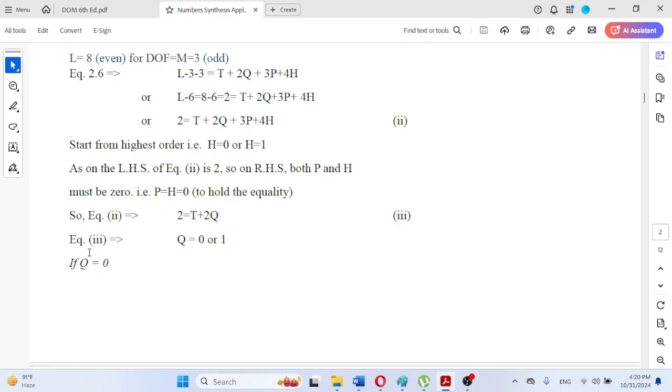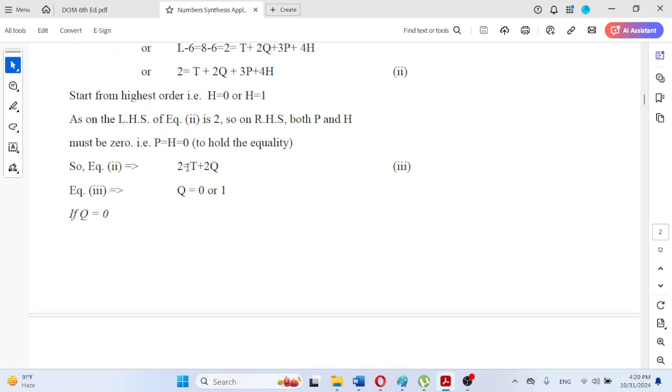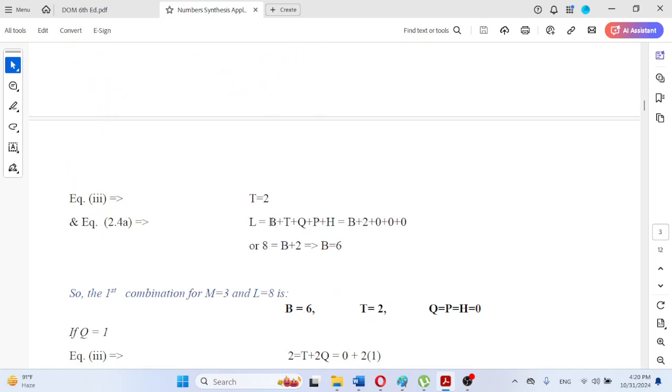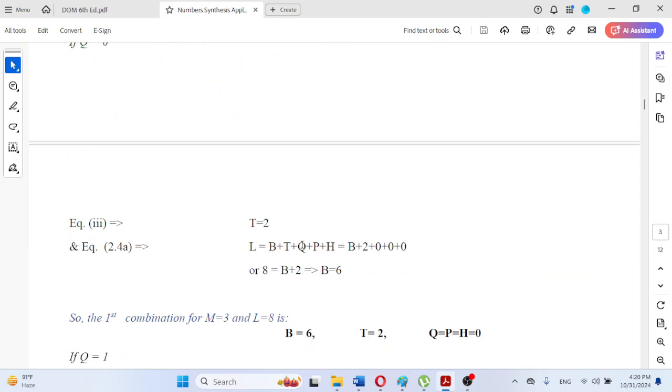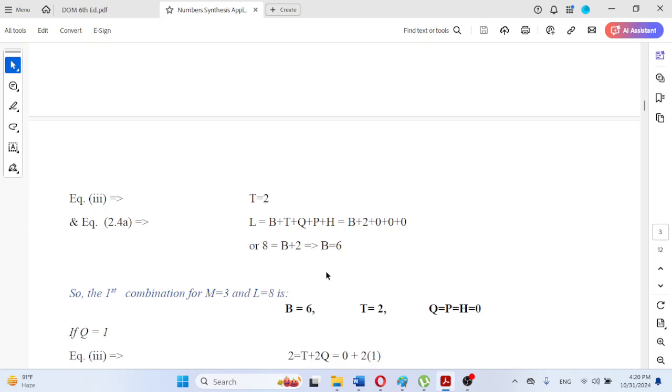So if q is equal to 0, we obtain t is equal to 2, and equation 2.4a will be giving b plus 2 and all other values are 0. So b will be equal to 8 minus 2, which is b is equal to 6.